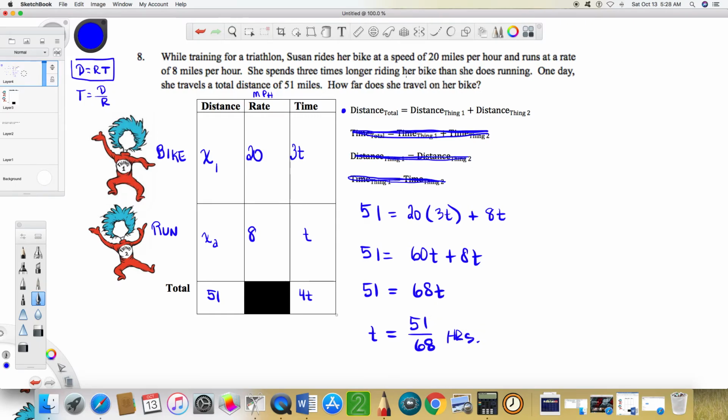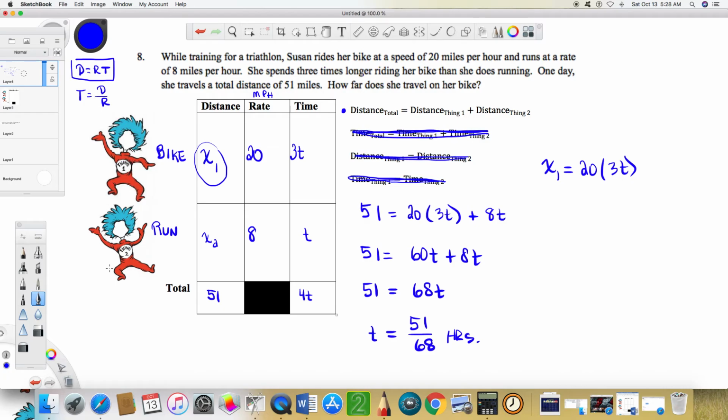But what it wanted was how far did she travel on her bike. It wants this x1. And we know that distance is rate times time. So x1, the distance of thing 1, is this first term, this 20 times 3t.